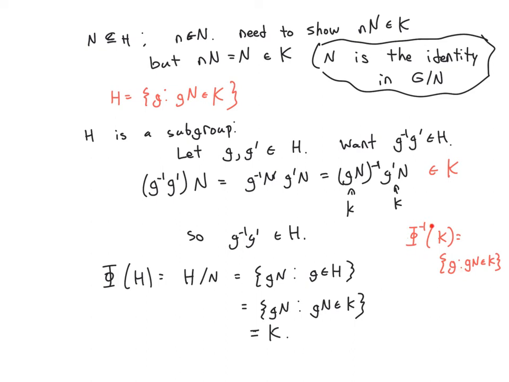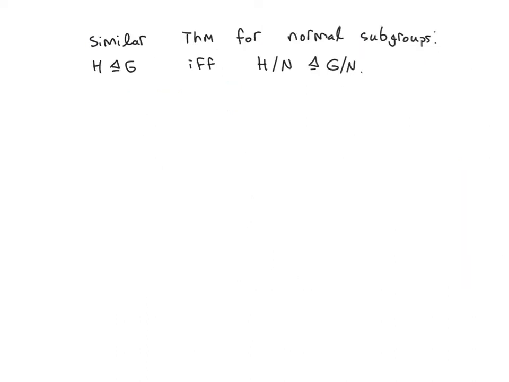You can actually use that to show that that's actually the inverse of phi, and then show phi composed with phi inverse is the identity both ways. That's an alternative proof to showing surjectivity and injectivity.